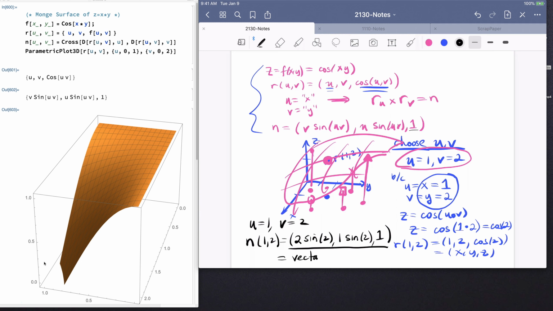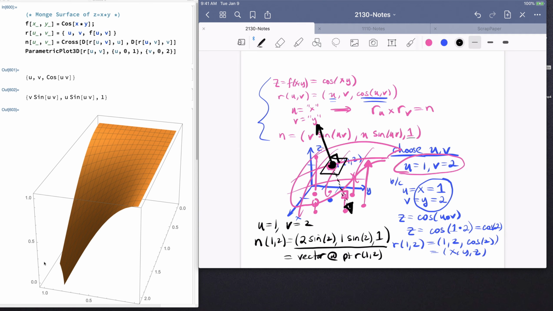This is a vector at the point r of 1 comma 2. So it's a vector at this particular point, and we know it has to be normal to the surface, which means that it is the normal vector for the tangent plane to the surface at that point. And it could be one of these two vectors depending on how you computed the cross product. Okay? So that is what is true about Monge surfaces.